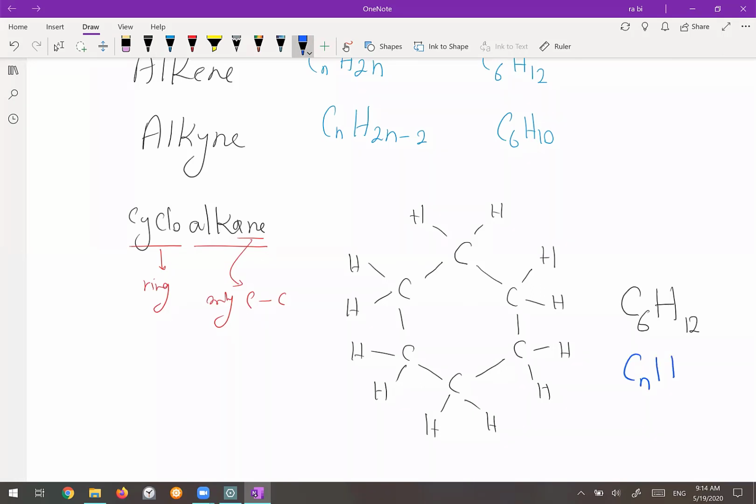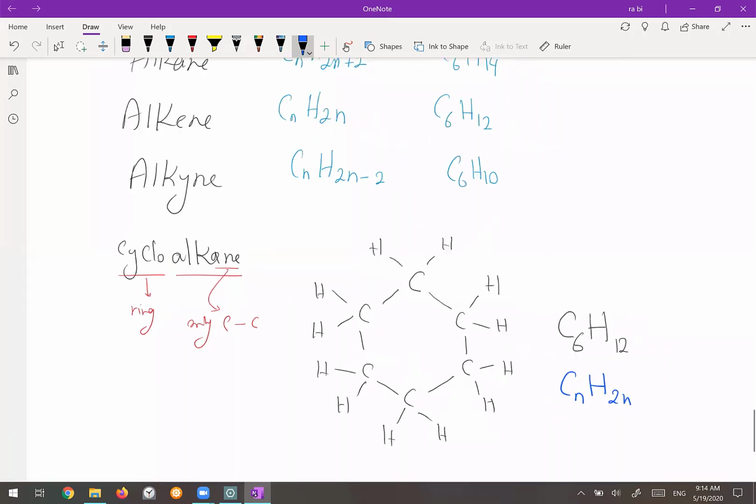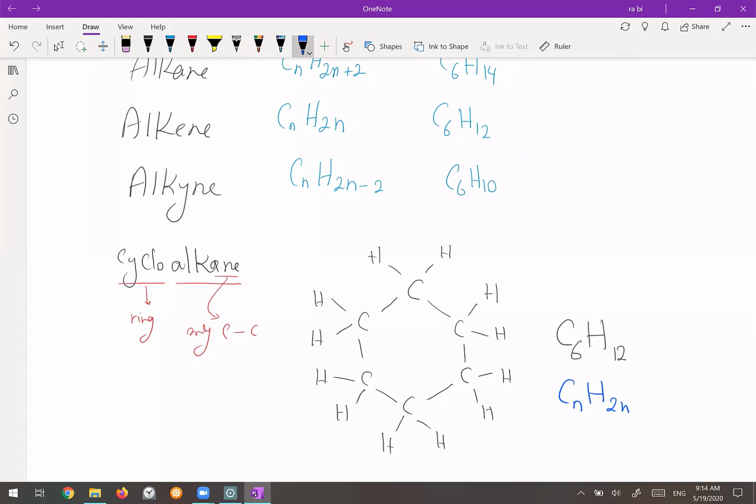If you have n carbon, the number of hydrogen is 2n. So you can see their general formula is like the alkene. So we can say C6H12, the hexene, and C6H12 cyclohexane, this compound is called cyclohexane.